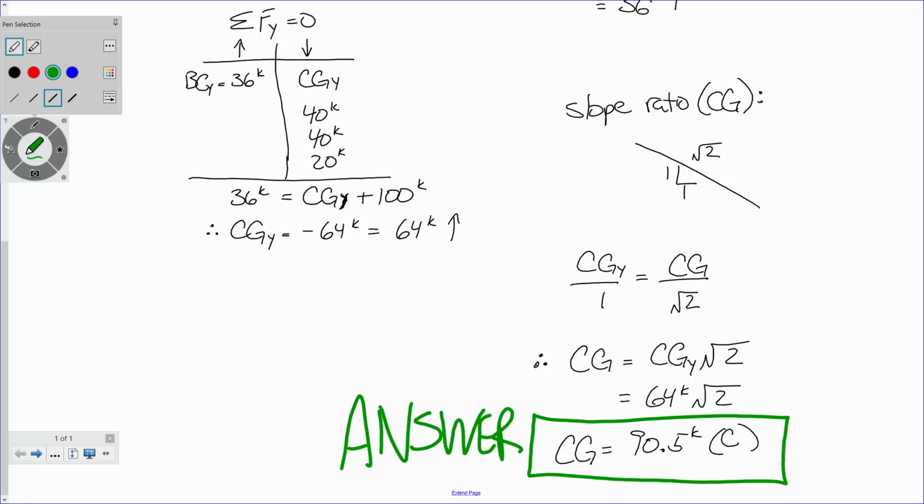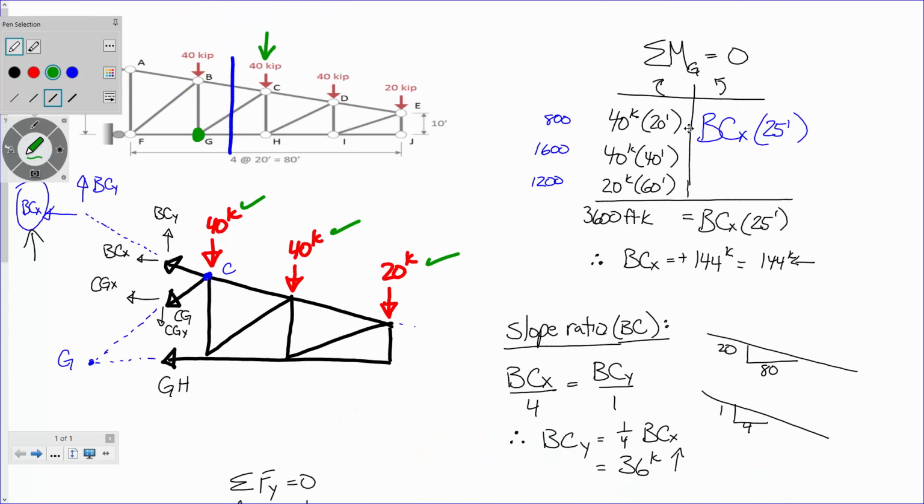But yeah, absolutely, if you want to go to the original truss and you can say this member, the entire member over here, has a rise over run of 80 to 20, so you can drag this out and say if you're dropping down 10, that's 40 feet, and then sum moments out there, you're more than welcome to do that. And then you'll get the right answer. But there's something to be said about us just going through the rigmarole of doing a section analysis, using equilibrium, sum of moments, sum of forces in the y direction, slope ratios, to get us thinking about structural analysis. And I thought that exercise might be pretty good for us.